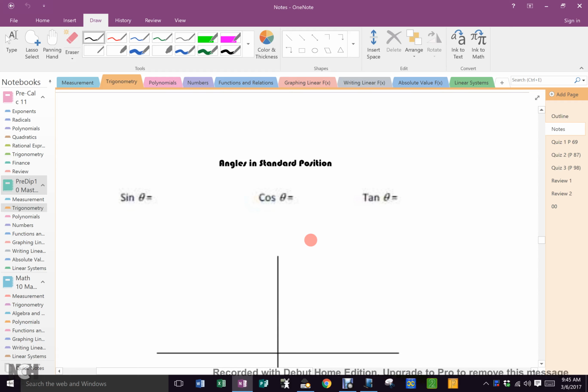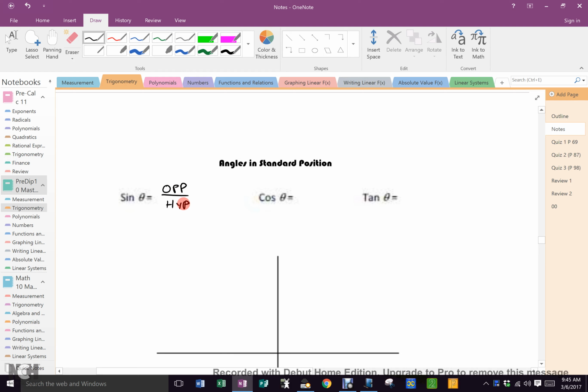Okay, as of right now, what do you know about the sine of any angle in a right angle triangle? It is opposite over hypotenuse, yes? What do you know about the cosine?